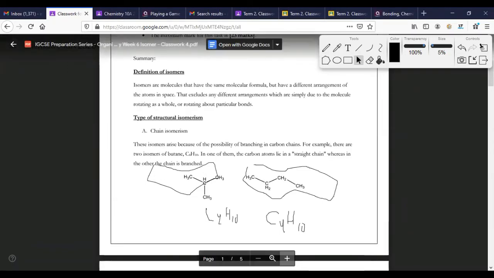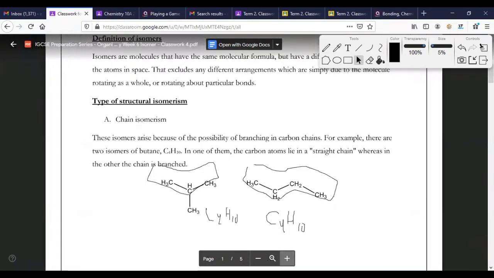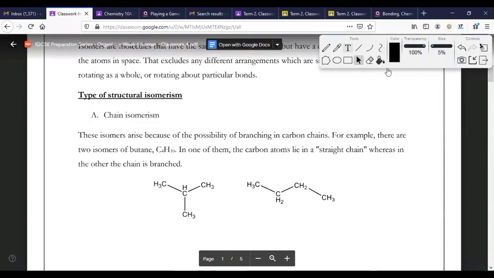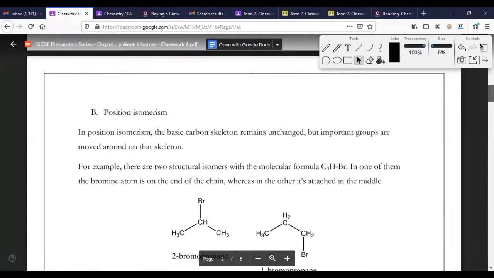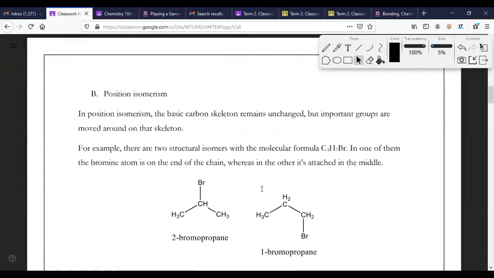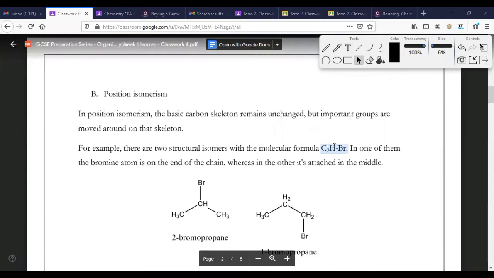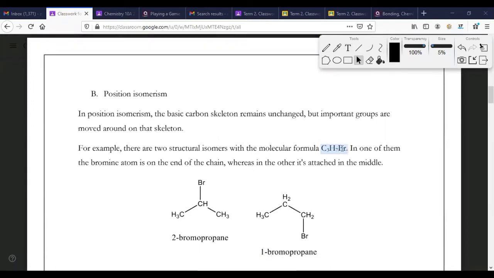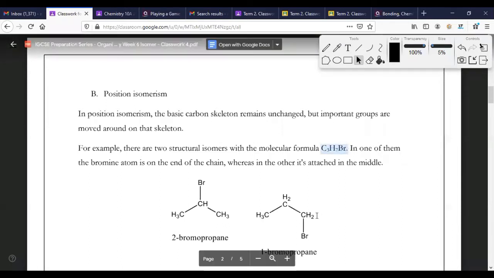And after that, number 2 is position isomerism. So here you can see the number 2 type of isomerism is position. What does it mean by position here? For position isomerism, usually it is related to a functional group or any atom except carbon and hydrogen. For example, here the case is bromine. The position of bromine here is important.